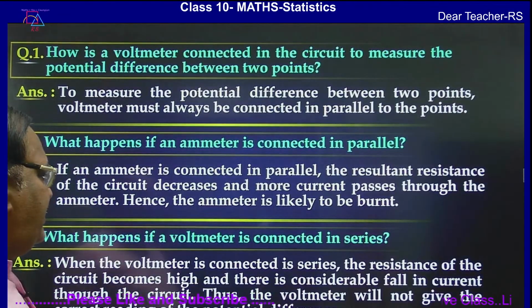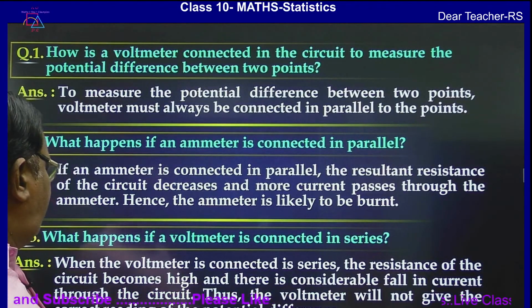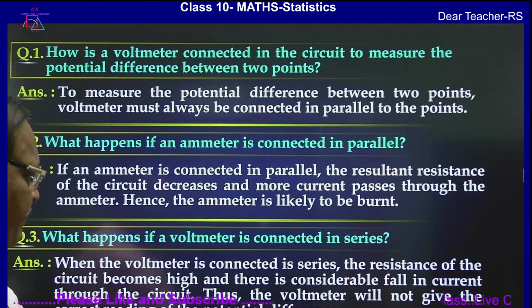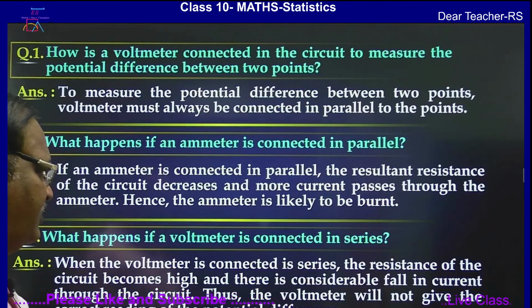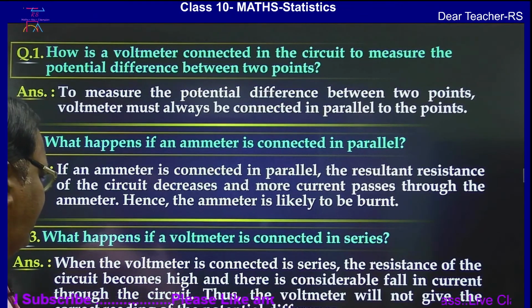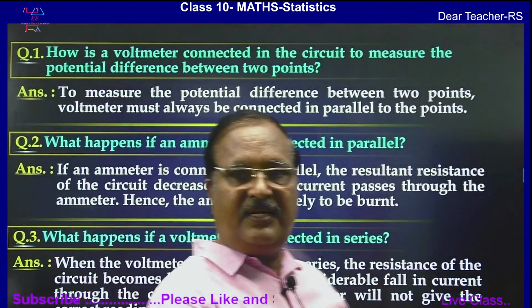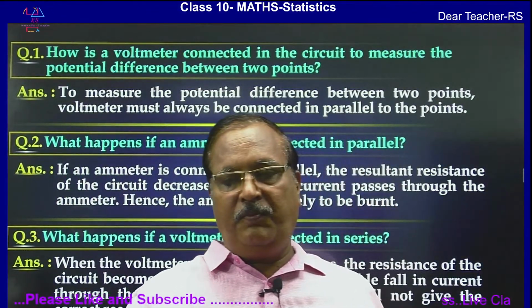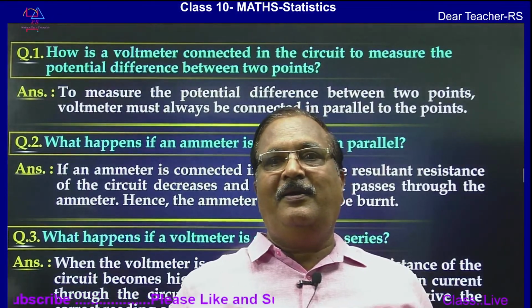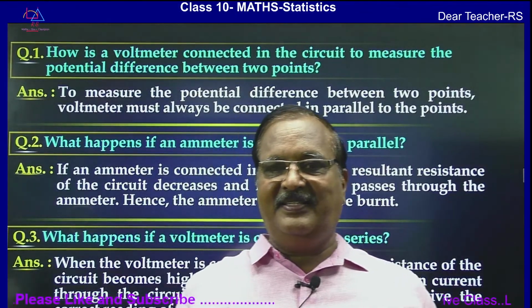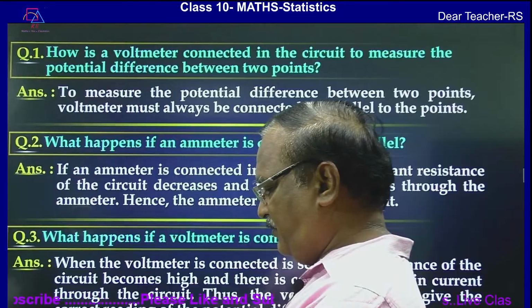When the voltmeter is connected in series, the resistance of the circuit becomes high and there is considerable fall in the current through the circuit. Thus, the voltmeter will not give the correct reading of the potential difference. It does not get damaged, but it won't give you proper readings. So, you have to be very cautious.